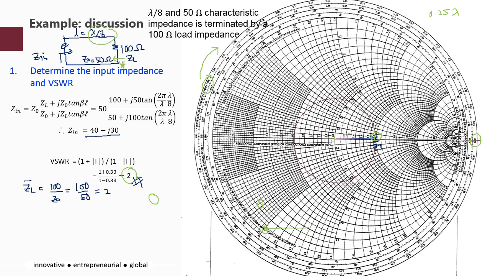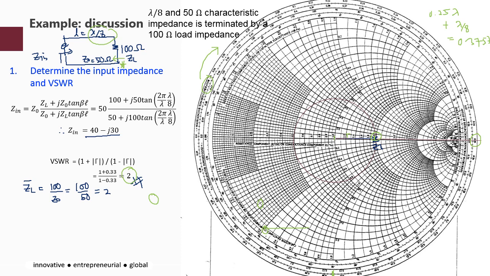Lambda over 8 is equal to 0.125, so 0.25 plus 0.125 you'll get 0.375. Find 0.375 on the outer towards-generator scale, somewhere here.